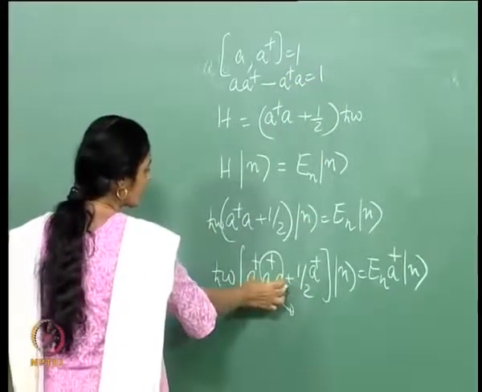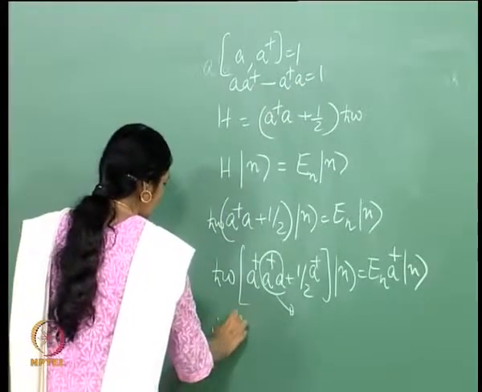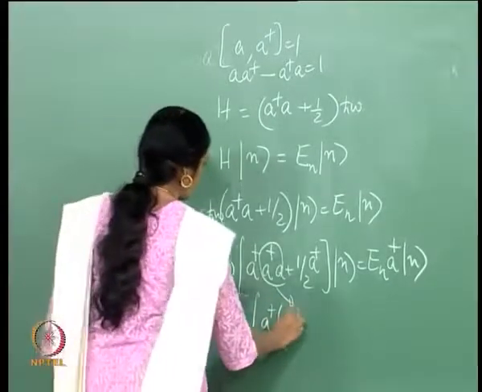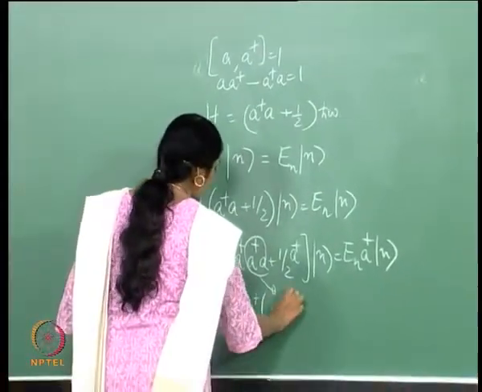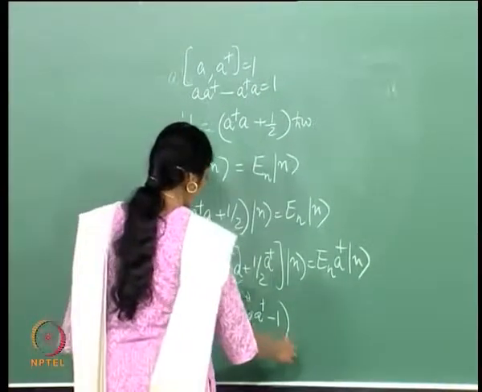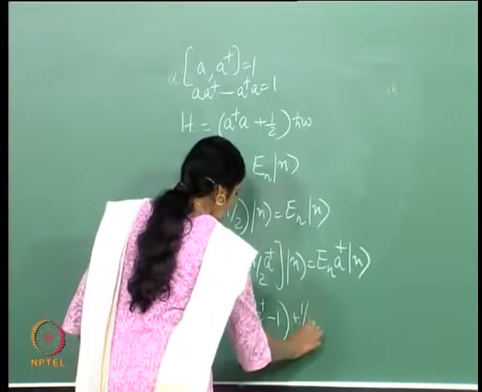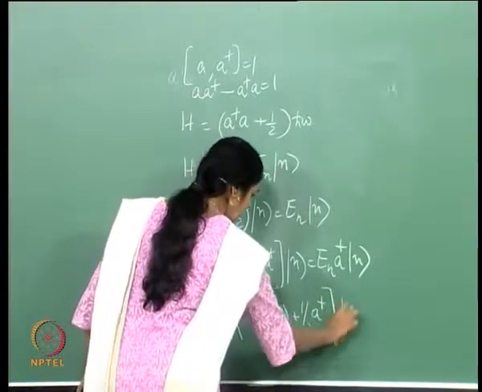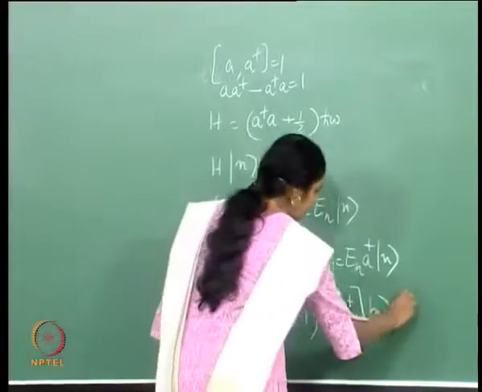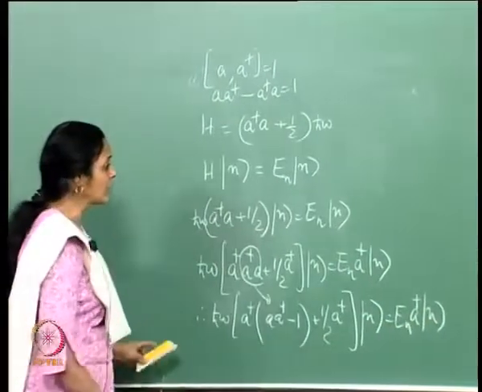So, I can recast a a dagger in terms of a dagger a. Therefore, I have h cross omega a dagger times a dagger a minus 1. That is the first term, plus half a dagger acting on ket n, that is the left hand side, is E sub n a dagger acting on ket n.